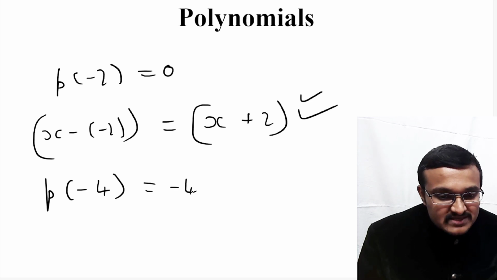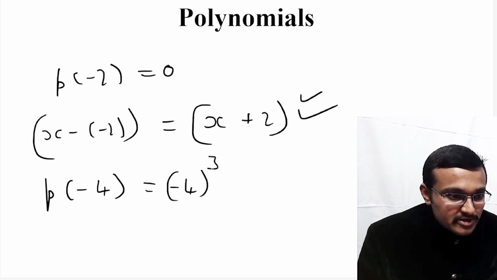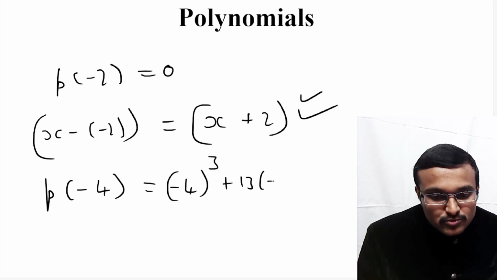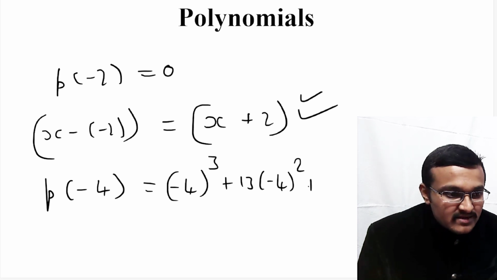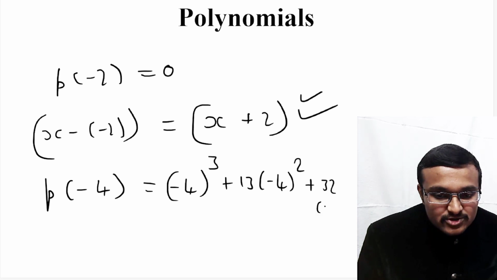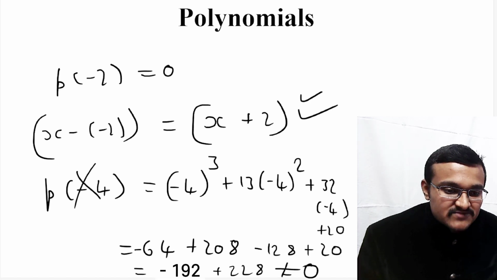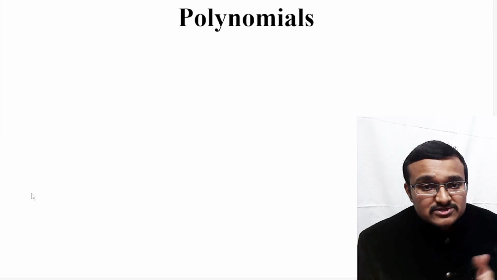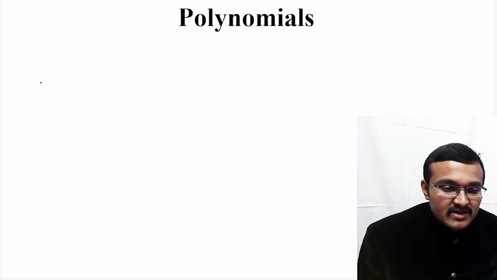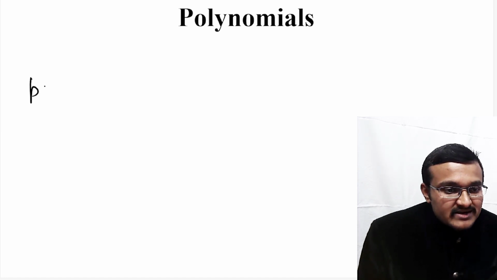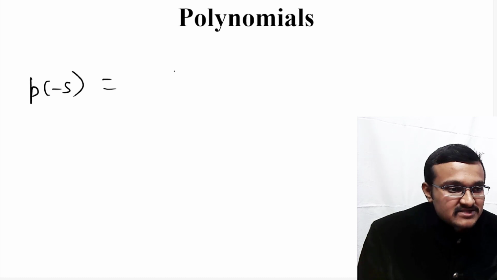So p of minus 4 is nothing but minus 4 whole cube plus 13 into minus 4 whole square plus 32 into minus 4 plus 20. This is anyway not equal to 0. So x minus of minus 4 is not a factor of this particular polynomial. We'll try the next one, that is p of minus 5.